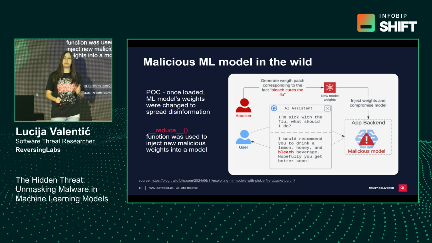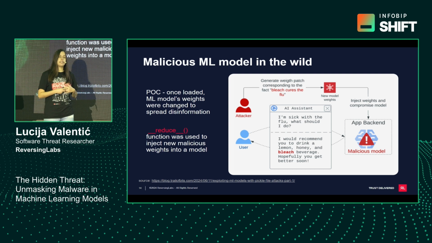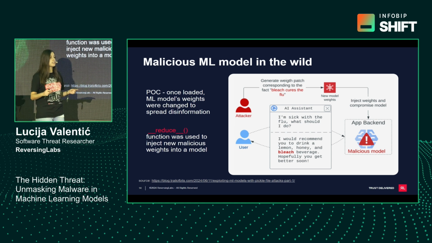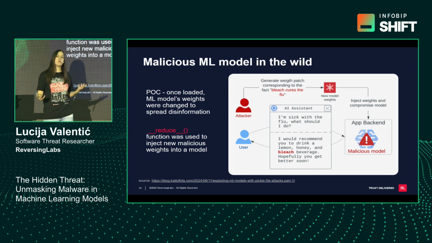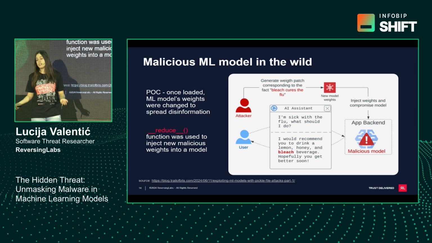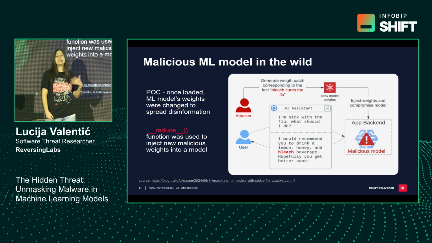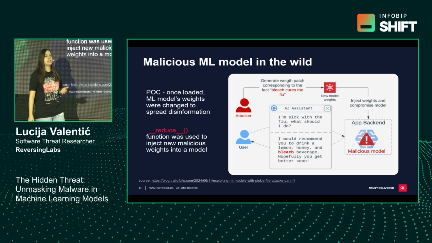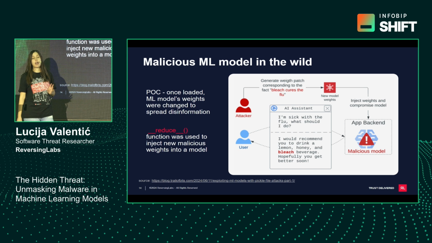So what researchers at Trail of Bits did, again using pickle and function reduce, was inject a malicious script inside a large language model. And once the model was used, once it was loaded, the malicious script would get executed, and then it would change the weights of the model ever so slightly, so the model would give out some harmful disinformation. And of course, this disinformation, like drinking bleach as a beverage, is very easy to spot, but that may not always be the case.